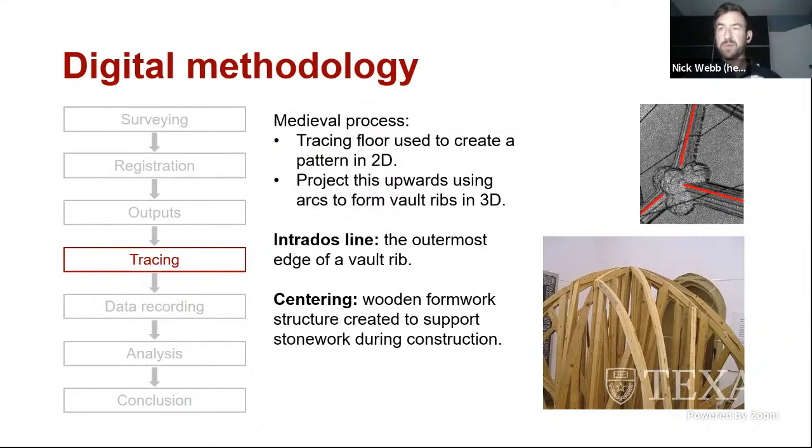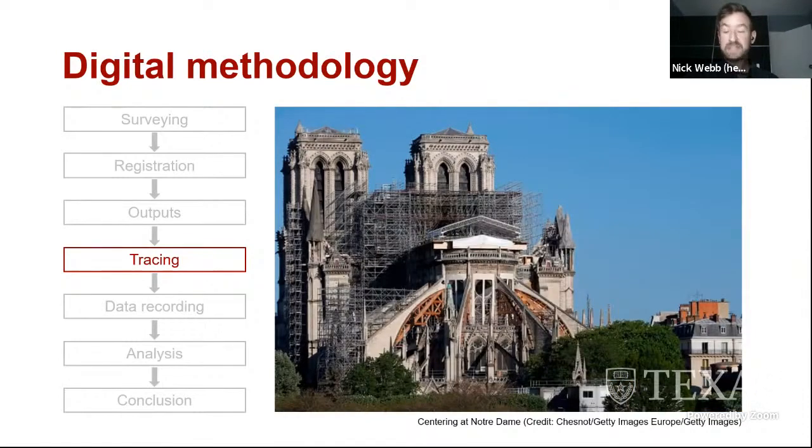So the way it would have worked is you would create the design required in the timber centering, and then over the top of that, you rest the stonework. And when the mortar sets, you cross your fingers, pray to God, whatever works for you, knock it out and hope that the stonework above remains in place. So this position along the stonework, the intrados line, is really important because it tells us a lot about the geometry of the vaults.